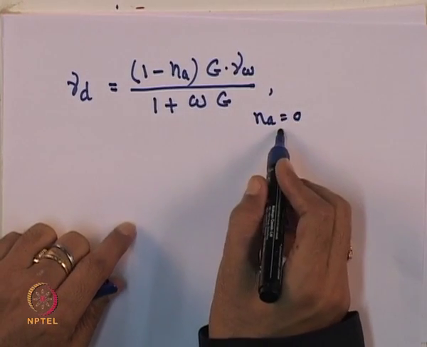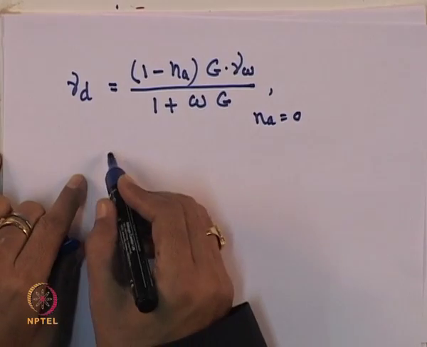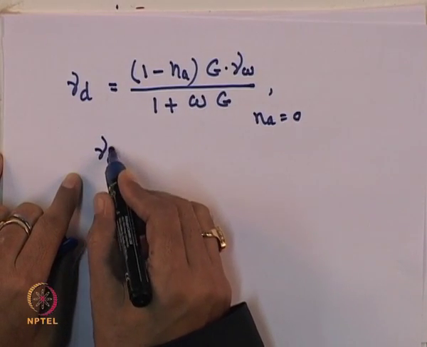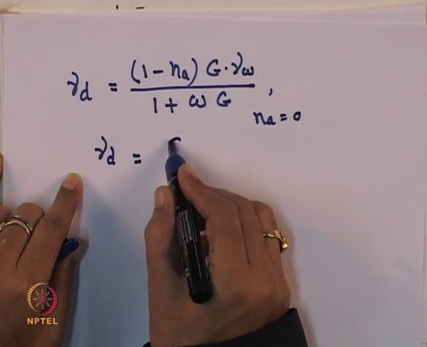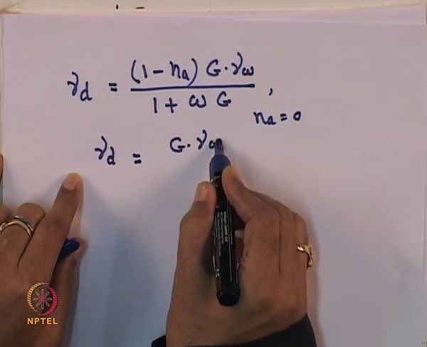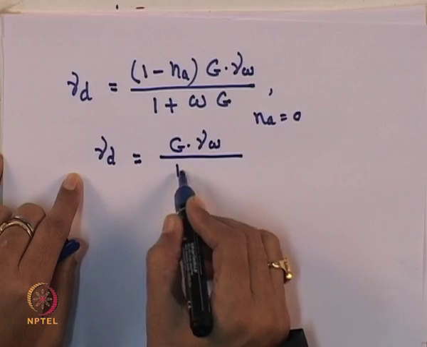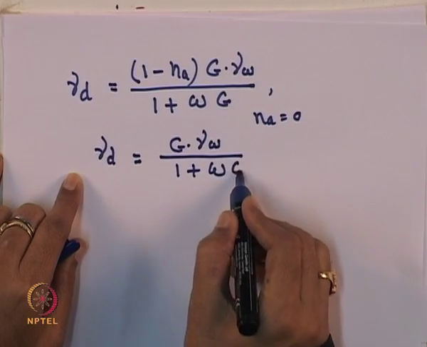So, this is the percentage air void. So, gamma d can be written as G into gamma w divided by 1 plus w into G.